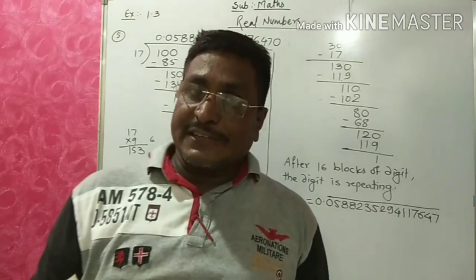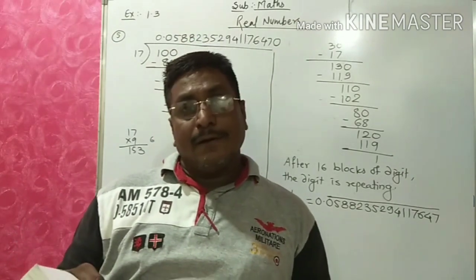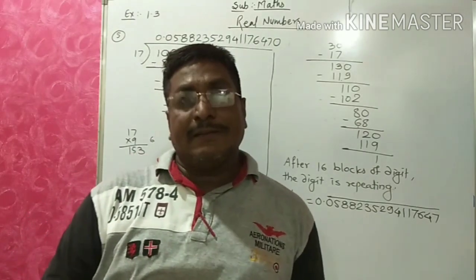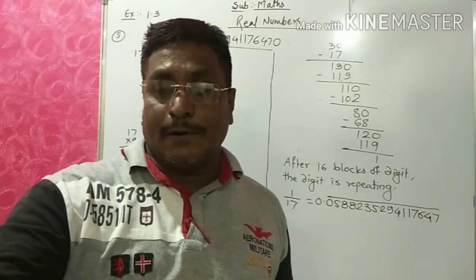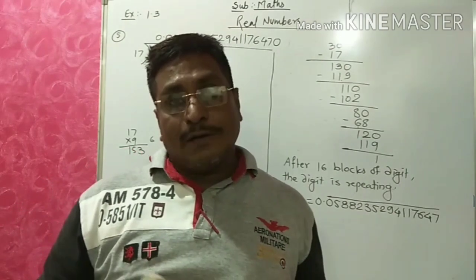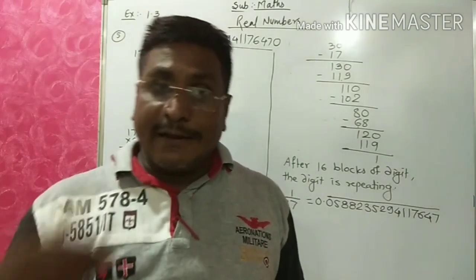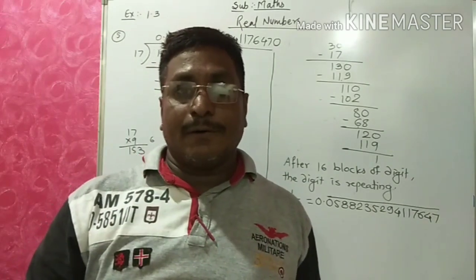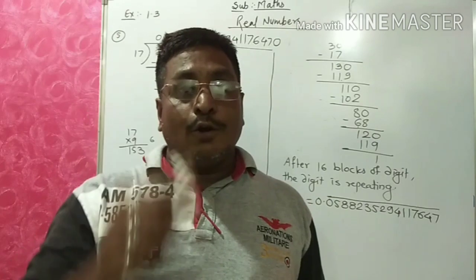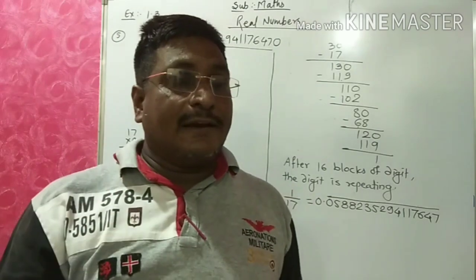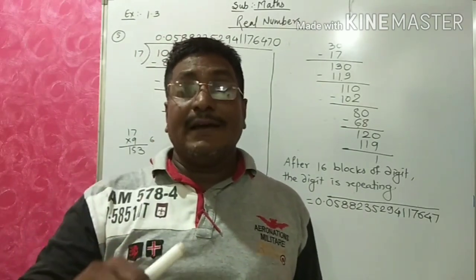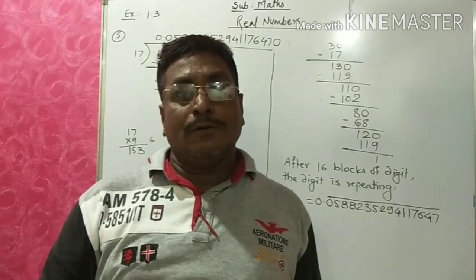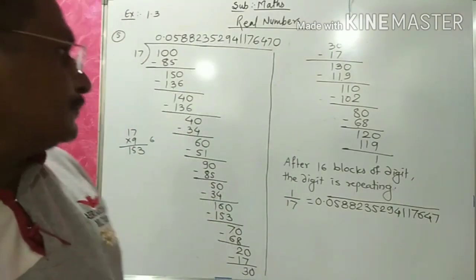The square root of a perfect square number is a rational number. A terminating decimal expansion is a rational number. A non-terminating recurring decimal expansion is a rational number, and a non-terminating non-recurring decimal expansion is an irrational number. Hope you understand, students, how to solve. Okay, next we will go.